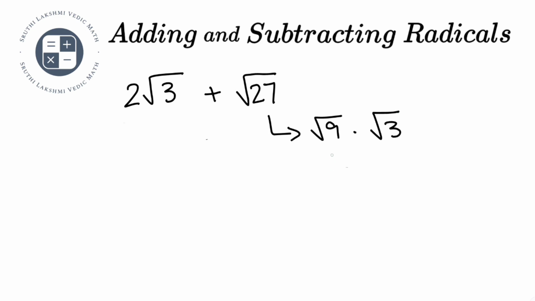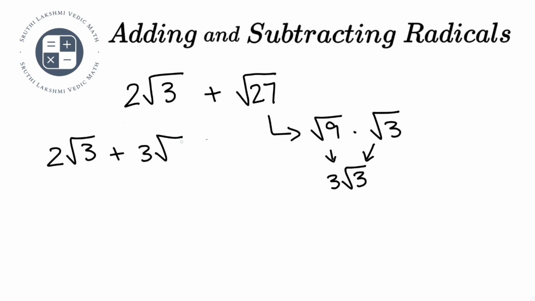Now, root 9 can be simplified into 3, and all we have to do is bring down this 3. So 3 root 3. That means we have to add 2 root 3 plus 3 root 3 to get our answer. So now let's add the coefficients 2 and 3. 2 plus 3 is 5, and let's copy down the root 3. So 5 root 3 is our answer.